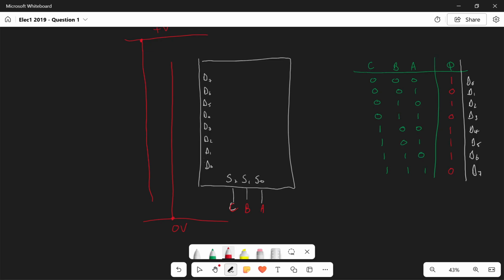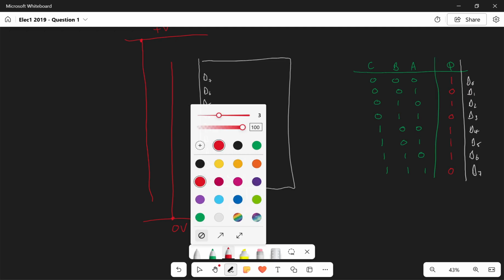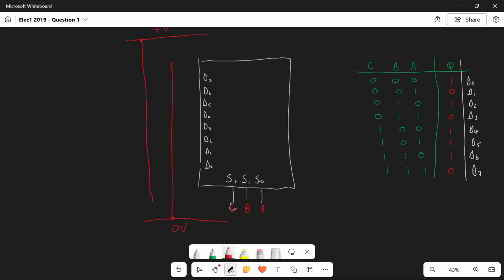D0, Q is a high, therefore all we're going to do is go from D0 across to the plus. D1 is linked, it has an output of 0 or low. So we're going to link it to the 0 volt rail.